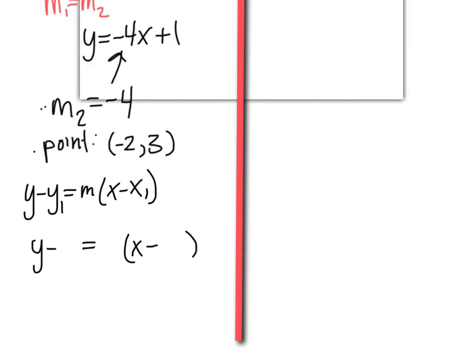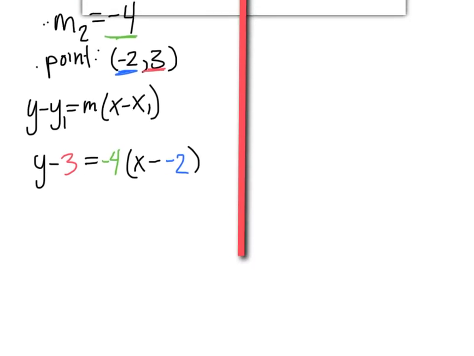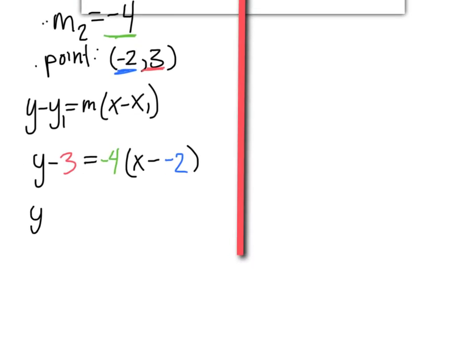What's our y1? Our y1 is up here, 3. What is our slope? Remember, it's parallel, so it's also negative 4. What is our x1? x1 is right there, so it's negative 2. So let's keep on simplifying. y minus 3 equals, I see something I could do first.